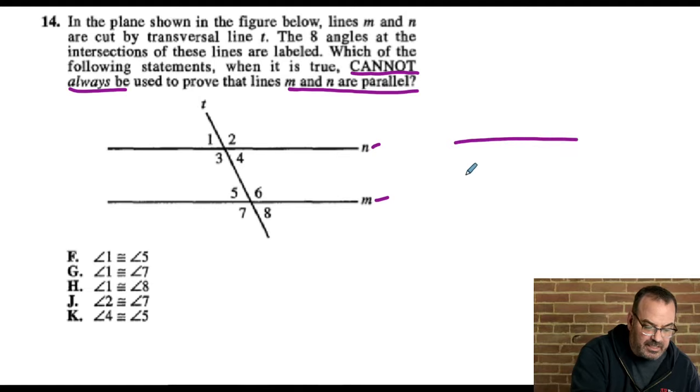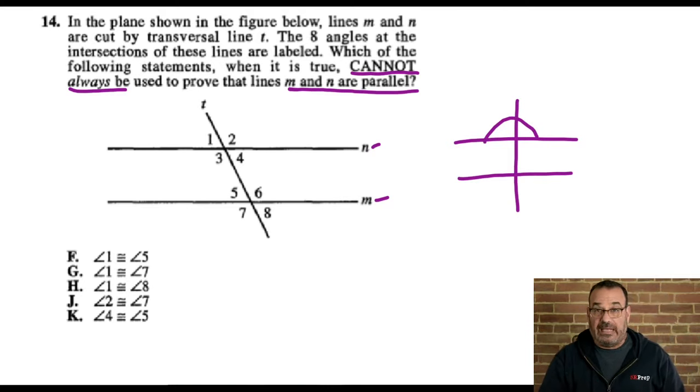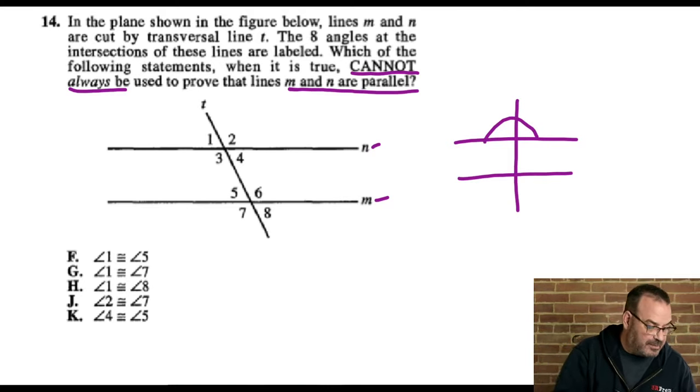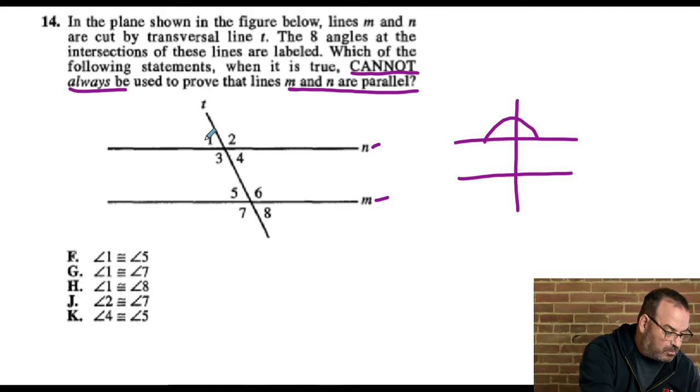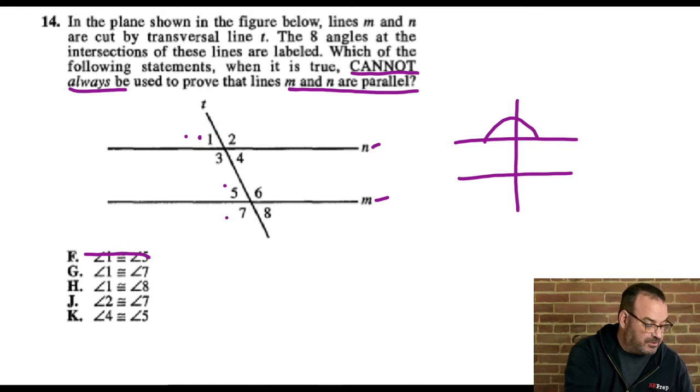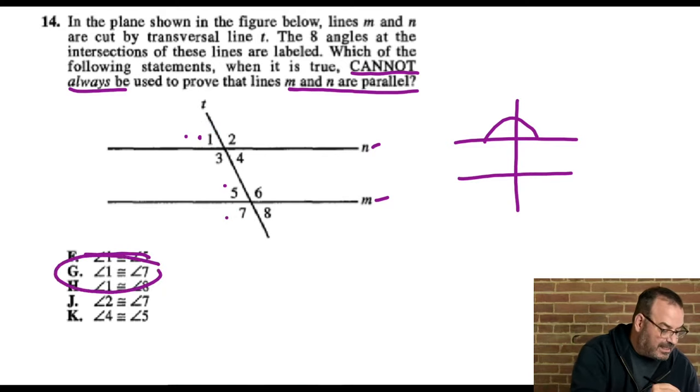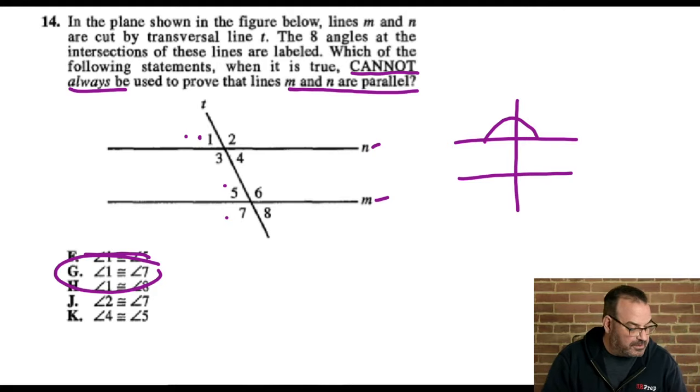What they're asking here is look for ones that are congruent but are supplementary and complementary at the same time. So let's go through this. 1 is equal to 5. That's true. 1 is equal to 7. Not true. If 1 is congruent to 7, that doesn't prove it. Let's go through the rest of these.